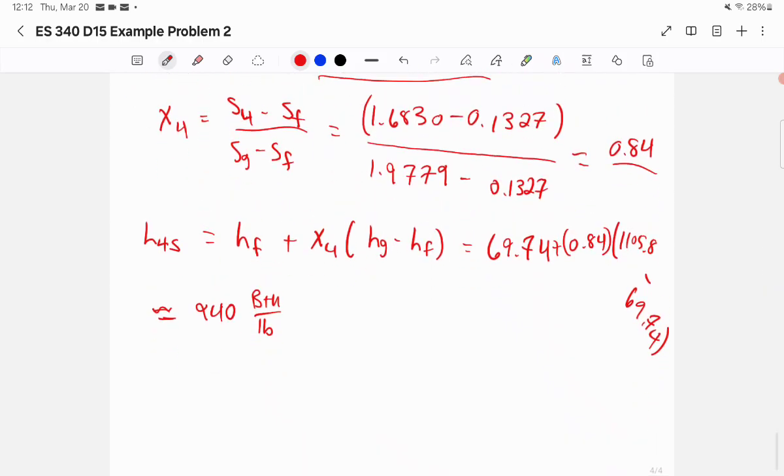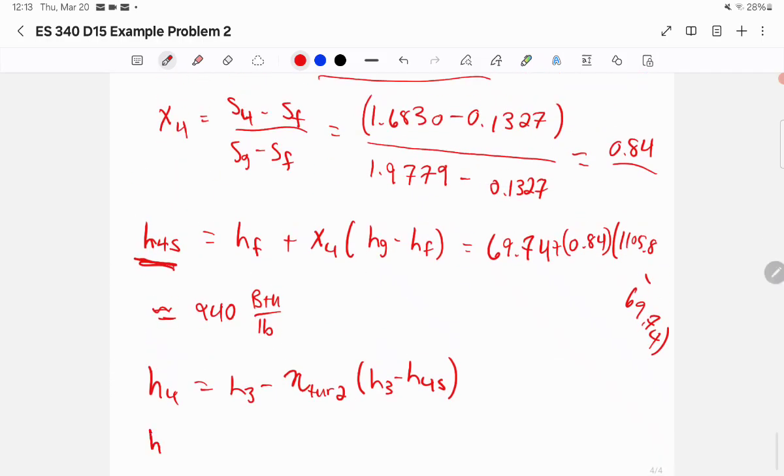And again, my H4, just rewriting the equation, that was equal to H3 minus eta of the turbine 2, which we also had 85% efficiency, times H3 minus H4S. Remember, this was assuming isentropic. That was where we would have landed if it had been isentropic, right? That's essentially the way to think about that.